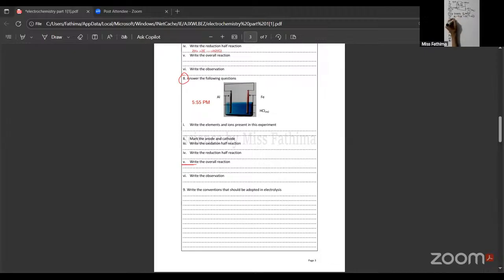Then you have to talk about the reduction half reaction. What is the element here? H plus. You know that H plus will attract 1 electron to form H. But you don't have H in nature.